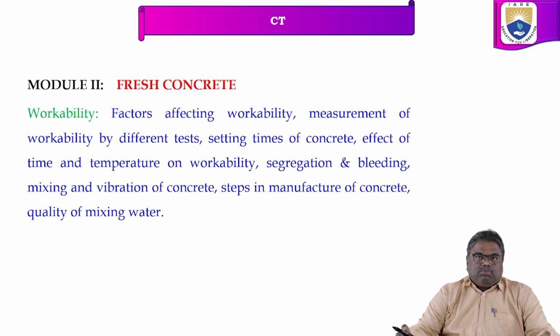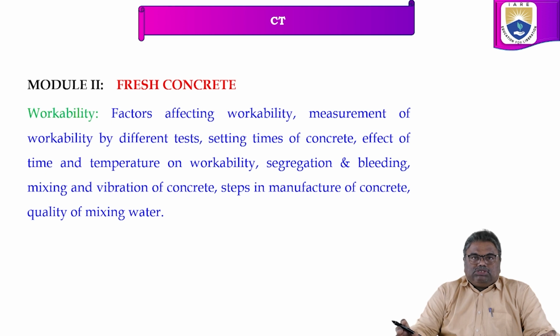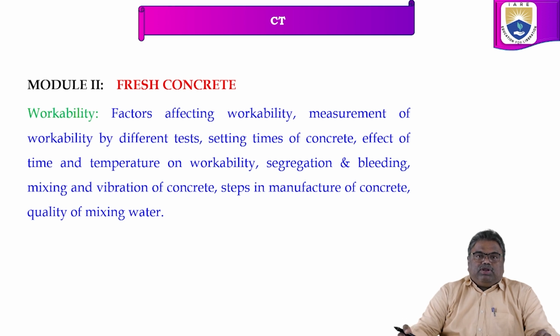This is about normal concrete. If you come to the special concrete, that is SCC, self-compacting concrete, we have the V-funnel test, L-box test, U-box, etc. We have different experiments, different tests to know the workability of fresh concrete.